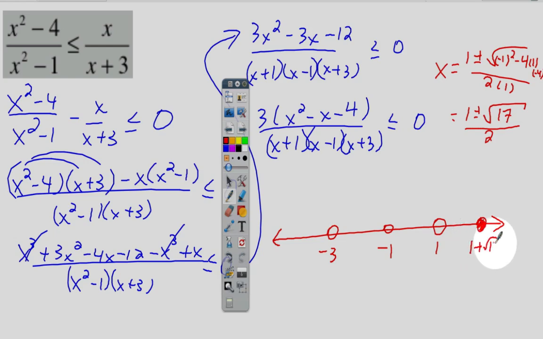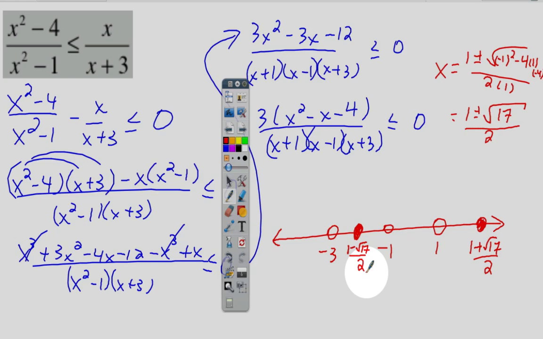And then you have 1 minus root 17 over 2, so 1 minus around 4, minus 3 over 2, it's somewhere in here. Okay, so those are our 1, 2, 3, 4, 5, either asymptotes or zeros, x-intercepts.